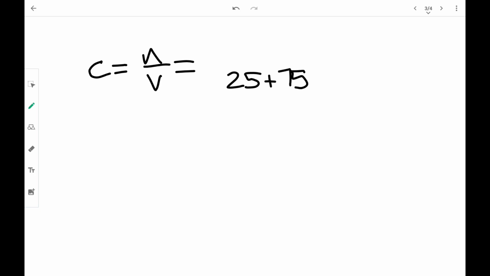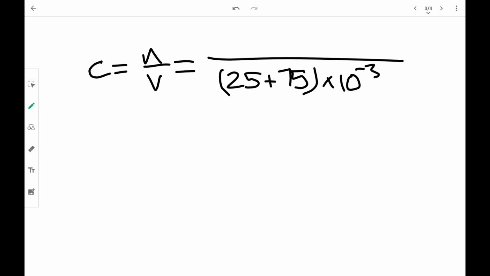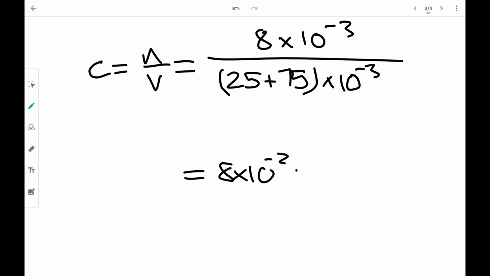And so we said at the beginning that the equation is C equals n over V. V is already given, 25 plus 75 times 10 to the power of minus 3, because from cm³ to m³, and the total number of moles for the Cl⁻ is 8 times 10 to the power of minus 3. Using that you'll get 8 times 10 to the minus 2 molar.